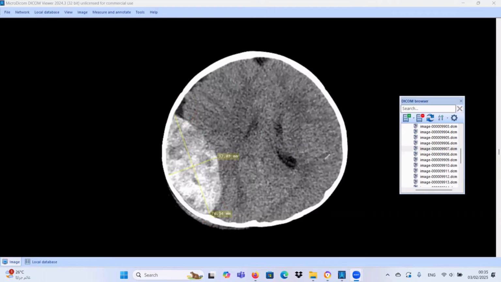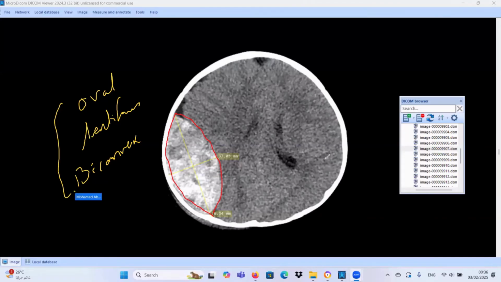And this collection shows a convex inner border. We can call it oval shape, lentiform shape, or sometimes biconvex. All of this indicates that we are dealing with an extradural hematoma.